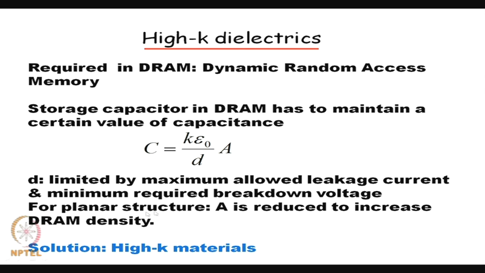Now, for planar structure, A is reduced to increase DRAM density by making stack and trench, etc. So, that is possible. Otherwise, if you make A very large, then there will be the problem of scaling down. You cannot go to very small structures. So, we have no other option but to increase the value of K. So, that is why the high K dielectric is the solution.